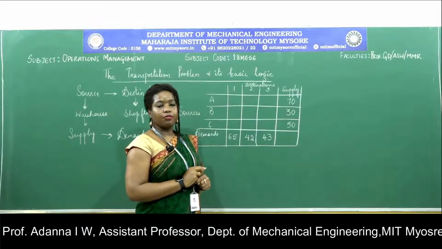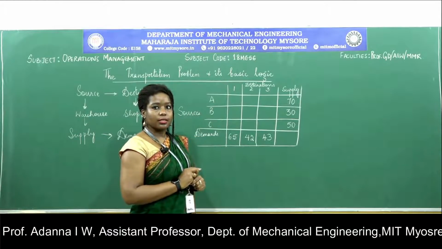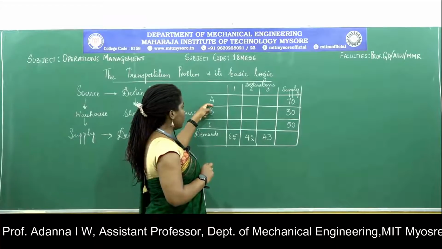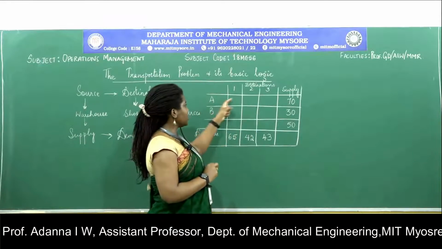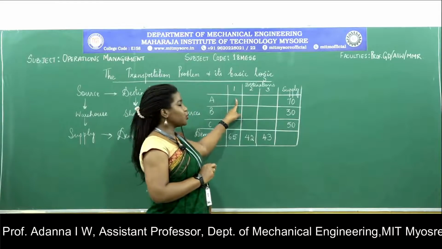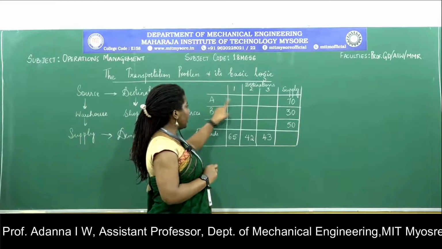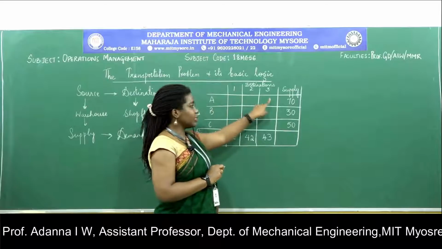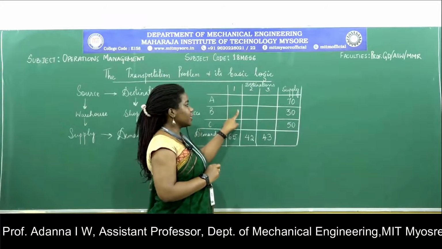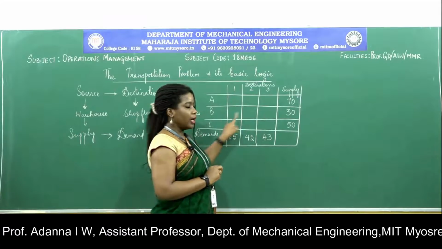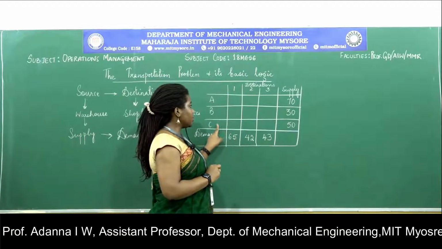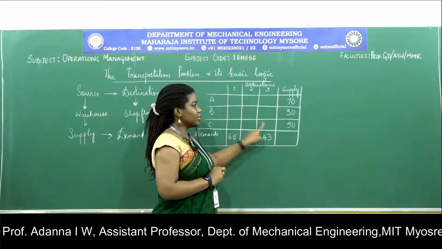Now, again, information given to you will be the costs. How much will it cost for me to take something out of the supply of 70 and send it to destination 1? How much will it cost me to send something from A to 2, A to destination 3, B to destination 1, B to destination 2, B to destination 3, C to destination 1, C to destination 2, and C to destination 3.